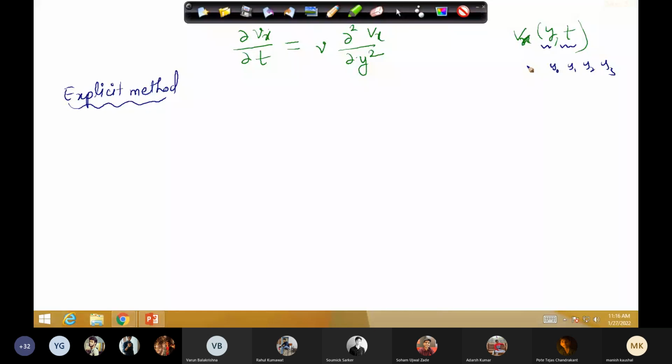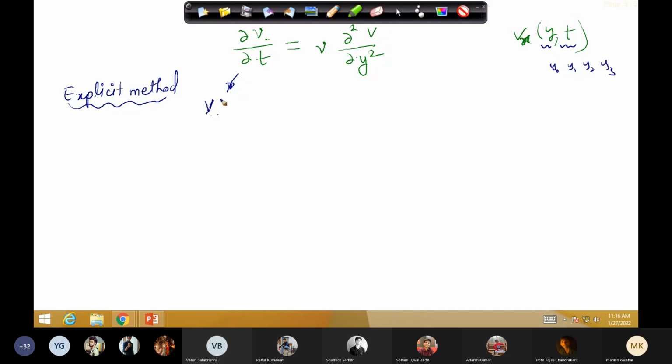So first write this time derivative using finite difference. So what you can write is, rather than Vx, I'll just write V, so that I can write the subscript.